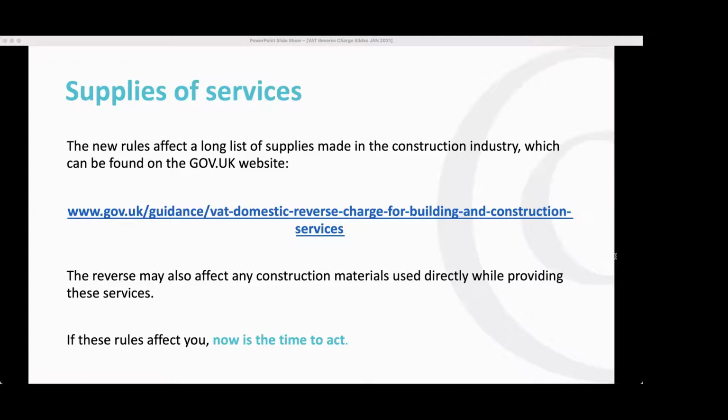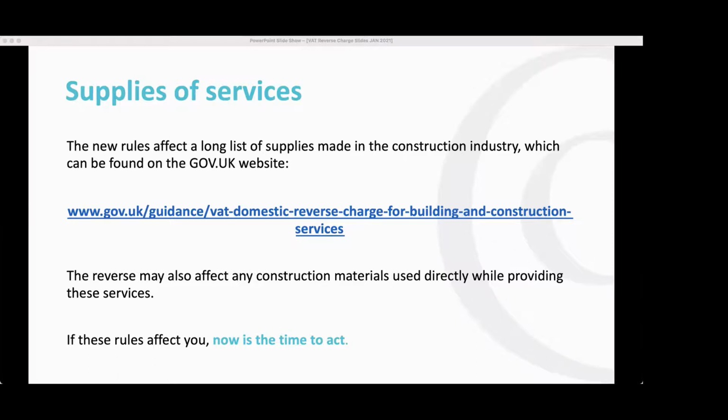Rather than list every single supply, I highly recommend that you visit the gov.uk website. The link is on the screen for you to look at now. HMRC's guidance also includes a number of excluded services such as extracting oil, minerals, or natural gas. But again, these are listed on the government website.